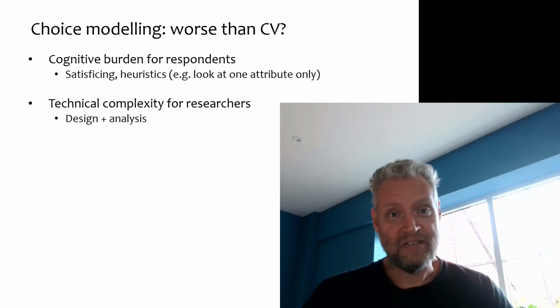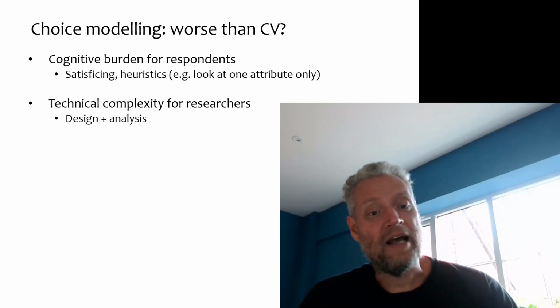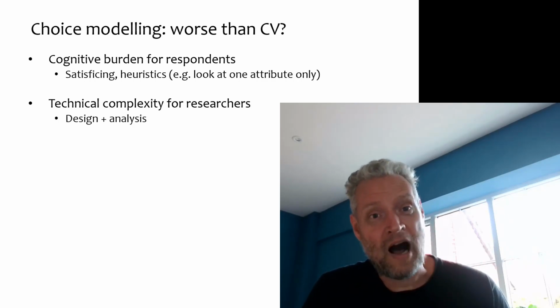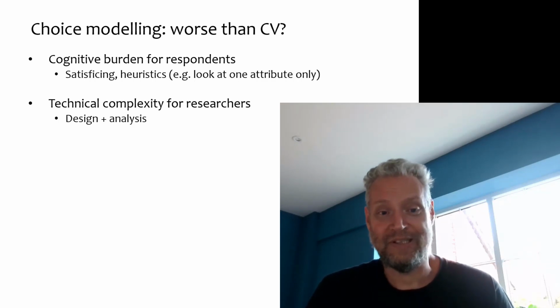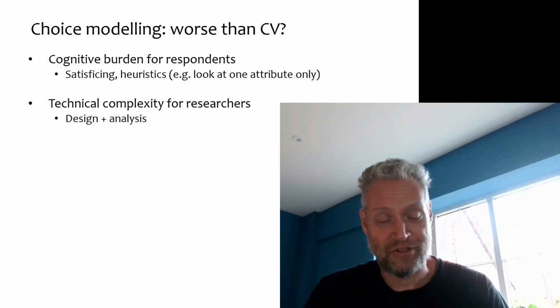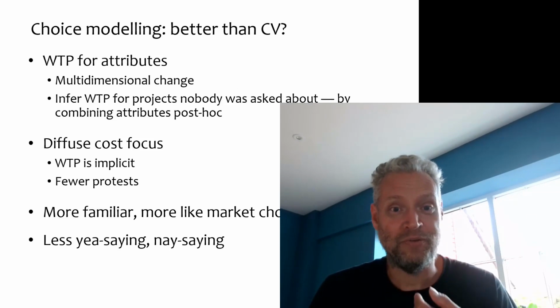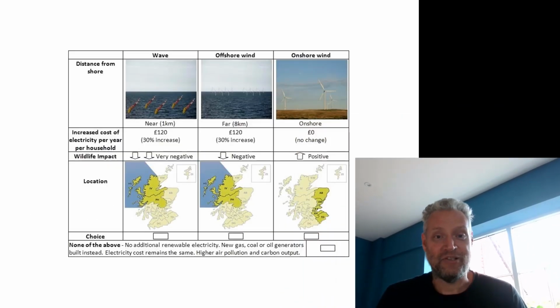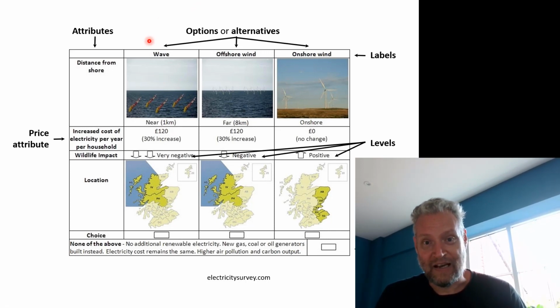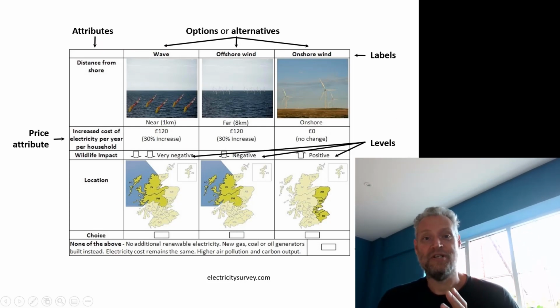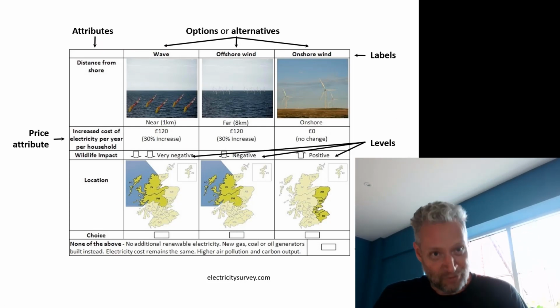Another drawback, I think not particularly relevant, is that it's harder to do. You need to think harder about your design as a researcher. What you need to do is make sure that your set of alternatives and your set of attributes and the levels of those attributes are informative.